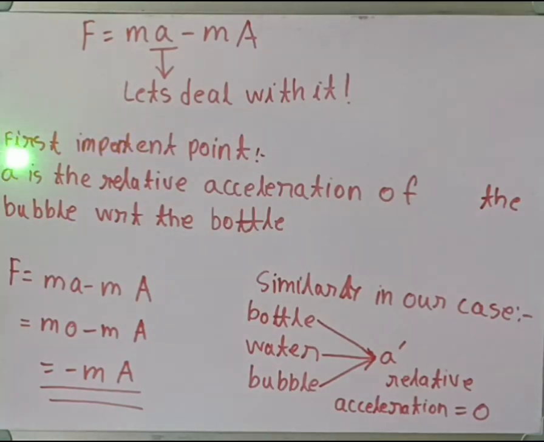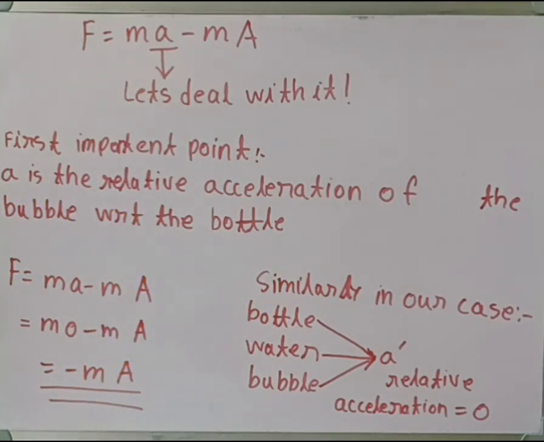Now let's come back to the first important point, where I mentioned that small a is the relative acceleration of the bubble with respect to the bottle, right? From here we proved that the relative acceleration with respect to each other was 0. So the relative acceleration small a of the bubble with respect to the bottle, which was applied by some external agent, which was me, is 0.